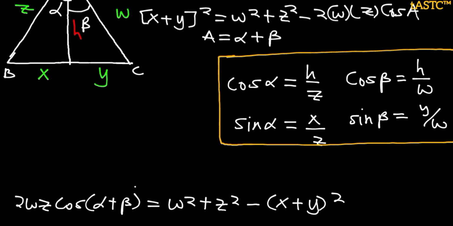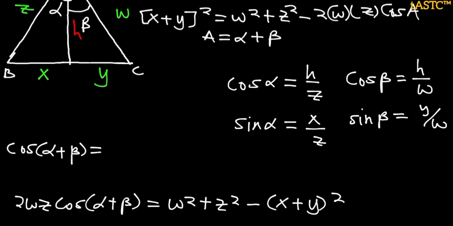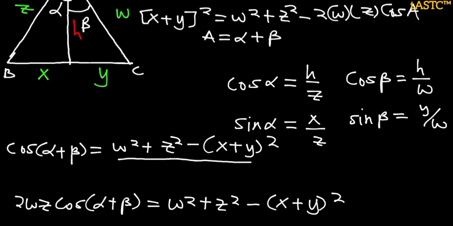Now in order to isolate cos alpha plus beta, I need to take this away from it. So cos alpha plus beta will be equal to w squared plus z squared minus x plus y squared, divided by 2wz.